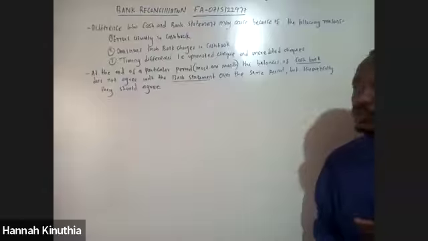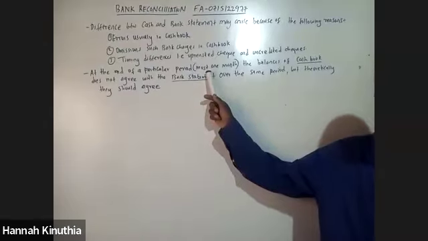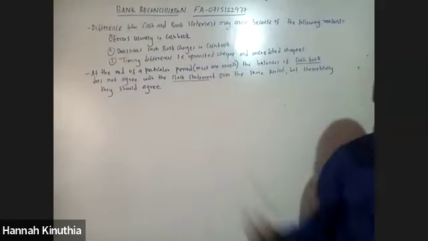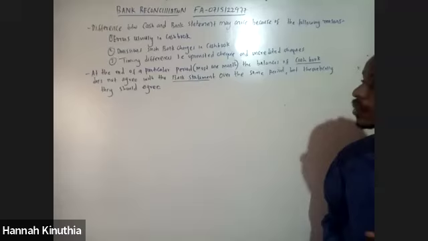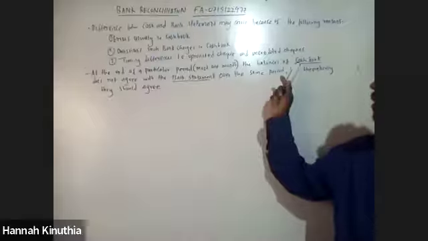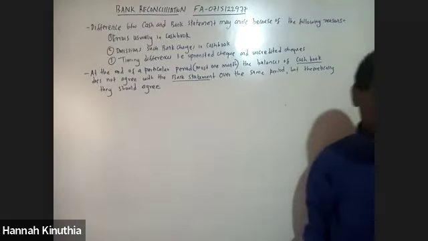But in most situations, when preparing this statement, and mostly we do it on a monthly basis, the reconciliation must be done monthly, so as to determine what are some of the items that might make our cash book and the bank statement not agree, so that we correct them.